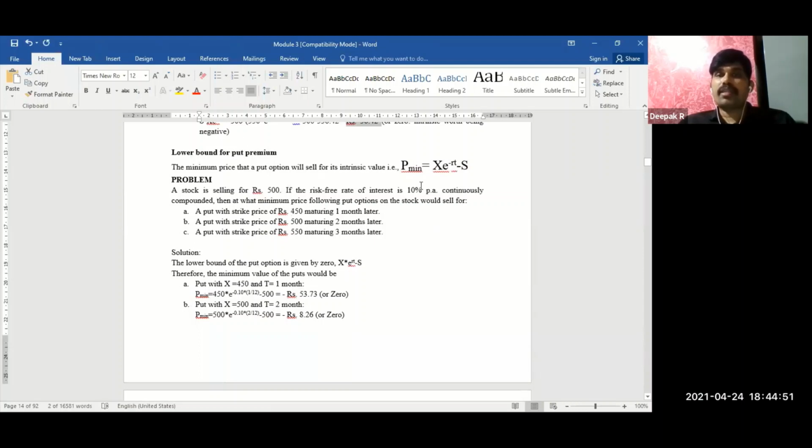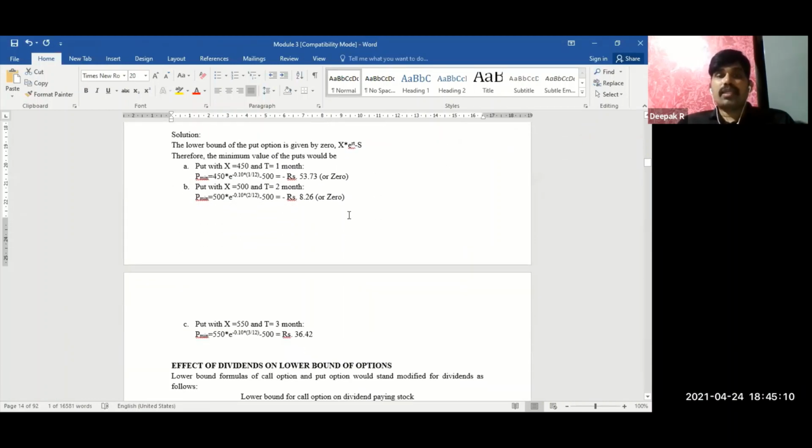For the put option, we know that the spot price should always be lesser than the exercise price. Only then will you be able to make a profit. So it will always be X e power minus RT minus the spot price.